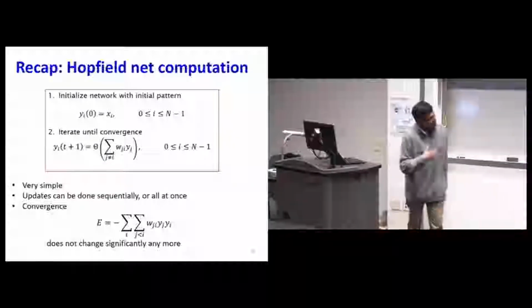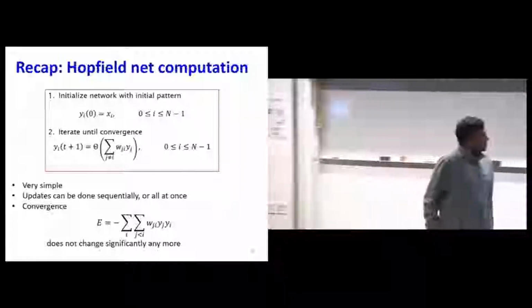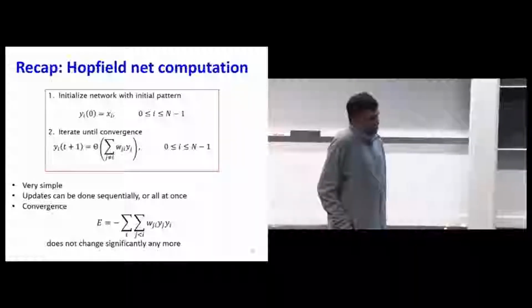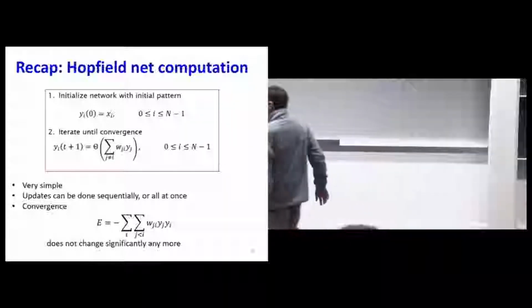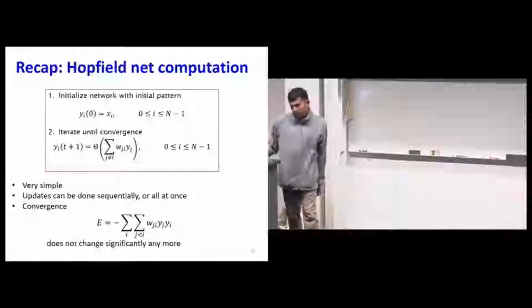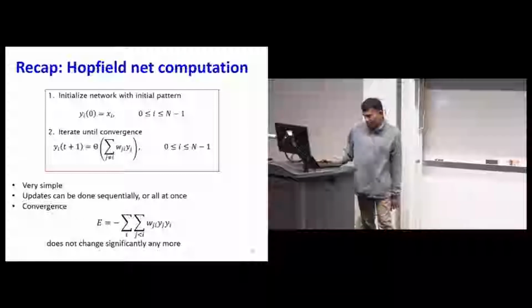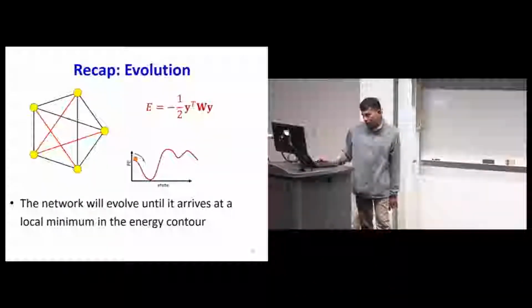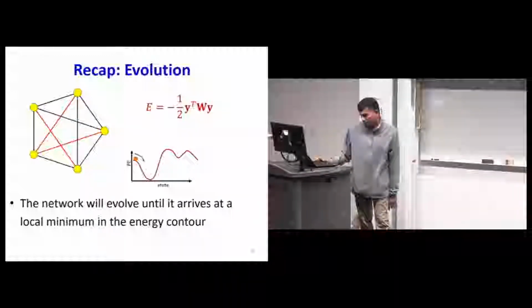You set it at some point, and at each point, each neuron is going to try to align itself with its local field, where the local field is simply the weighted sum of all of the other neurons. And these updates will proceed until the network arrives at some local minimum in the energy contour.